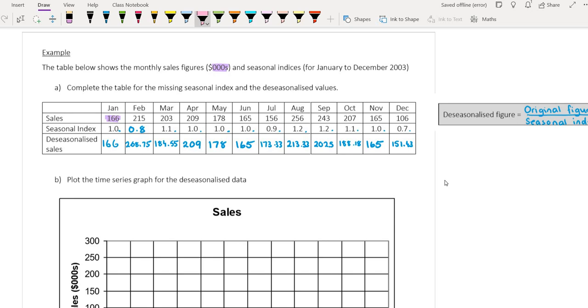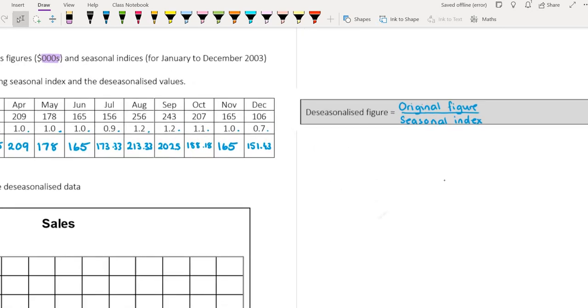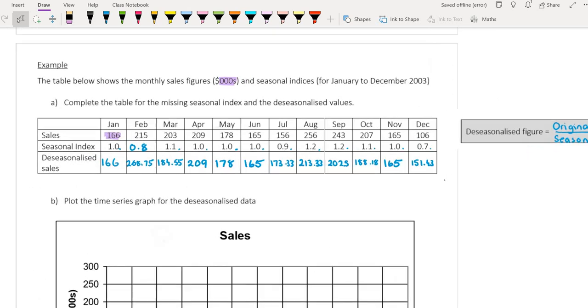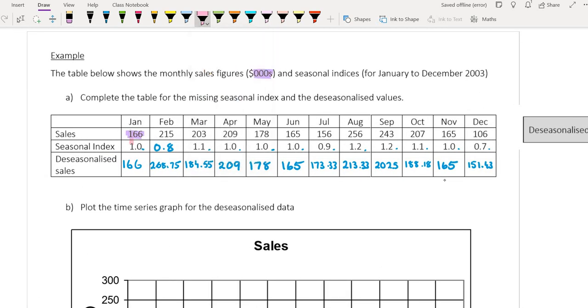simply to deseasonalize the data, all you need to do, as you remember from last lesson, that was the formula we were following. All you're doing is this divided by this, and that deseasonalizes the data, and you can get all of these values once you do it for every single one of them.